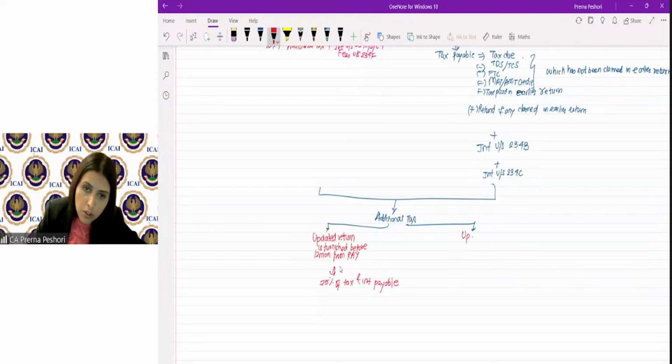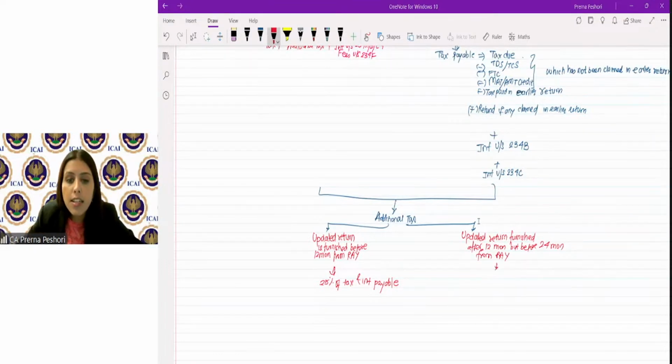And if it is furnished after 12 months, but before 24 months, because the time limit is 24 months from the relevant AY, then you have the additional tax, 50% of tax and interest payable.